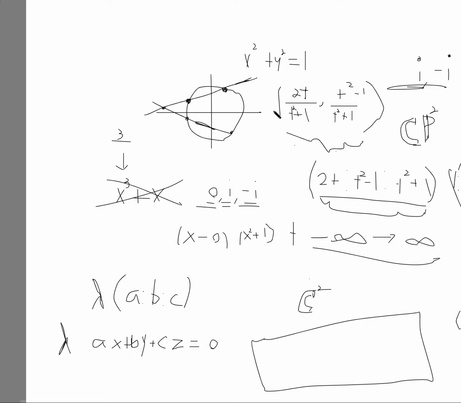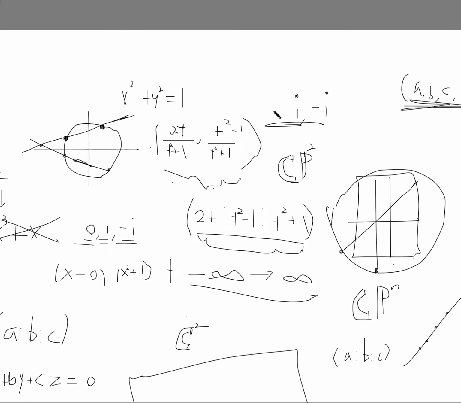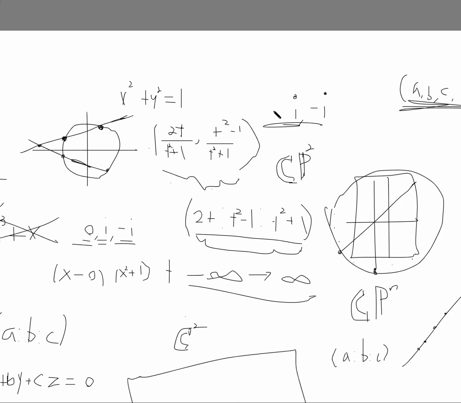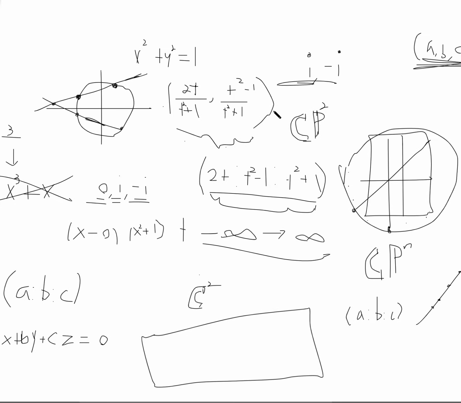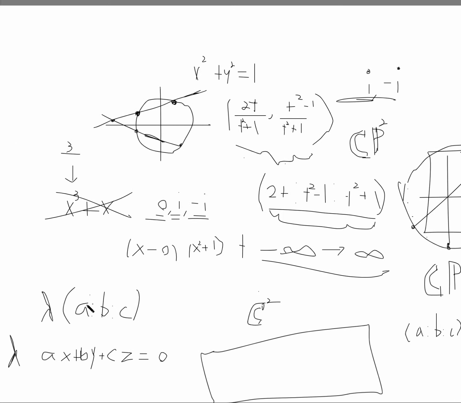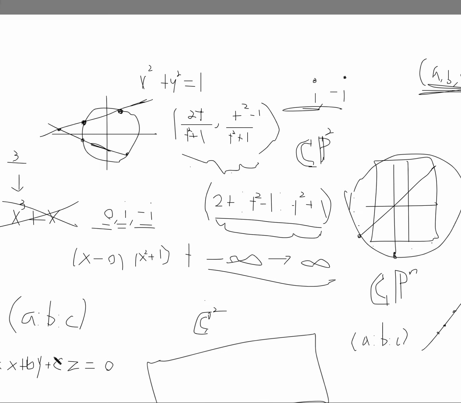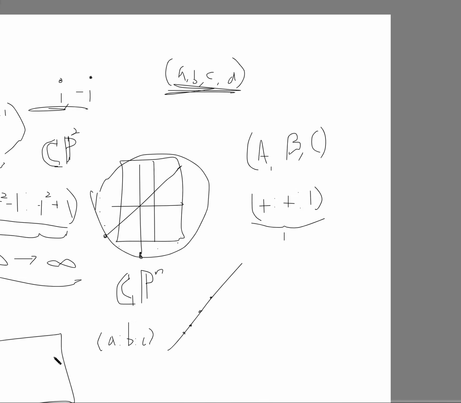Additionally, the set of lines going through the origin in 3D has a correspondence with our real projective plane. And we have our polynomials allowing us to get curves with a limited amount of finite information. We have the correspondence between a point A to B to C and ax plus by plus cz. I should make this more explicit: ax plus by plus cz, as the moving line of A to B to C, has the same degree as A to B to C.